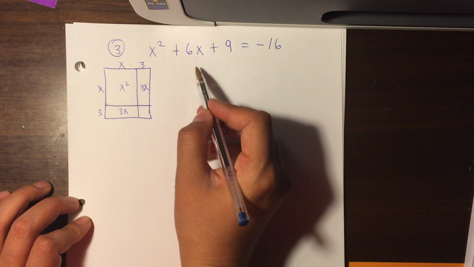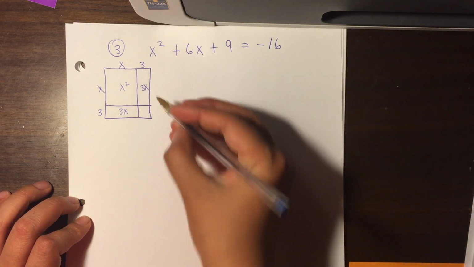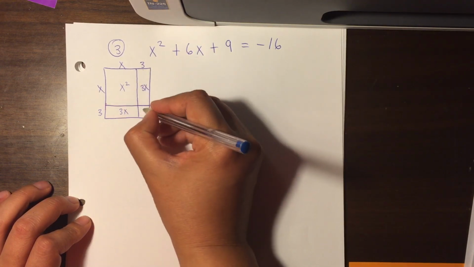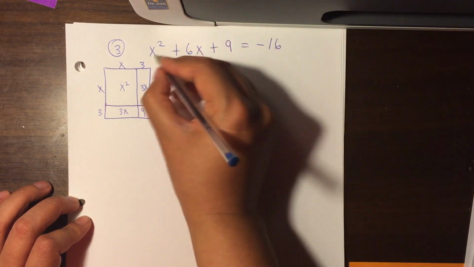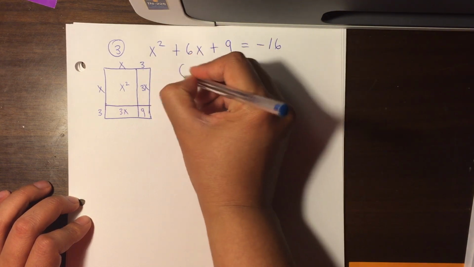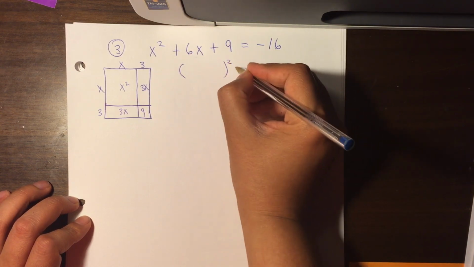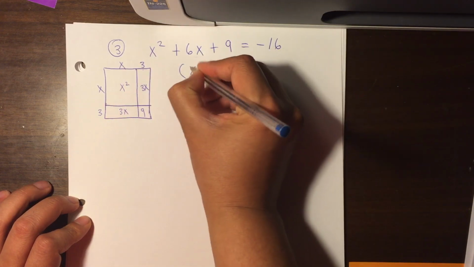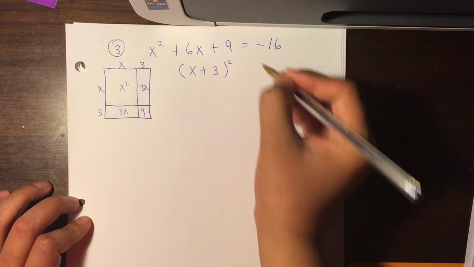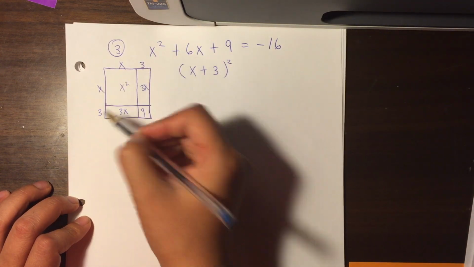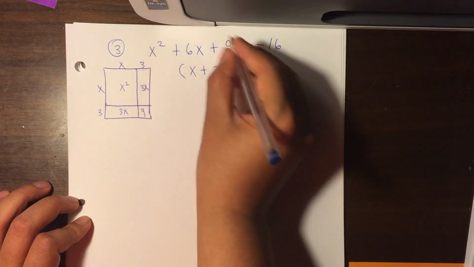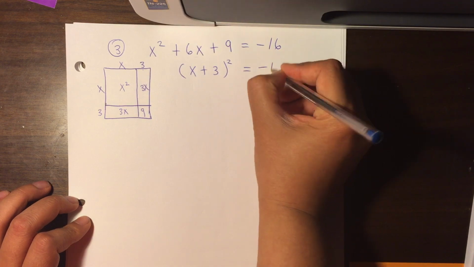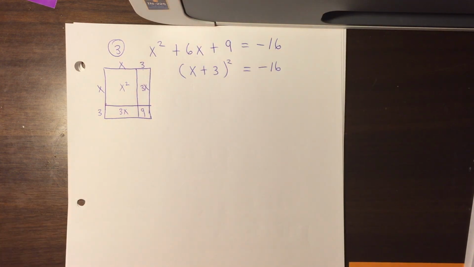See, that's why we divide by 2. And then 3 times 3 is 9. So perfect, this is a perfect square. And when we have a perfect square, we can just say that it's going to be x plus 3 to the second power, because we have two sides. So that's my perfect square, and that's equal to negative 16, because that's what they told us.